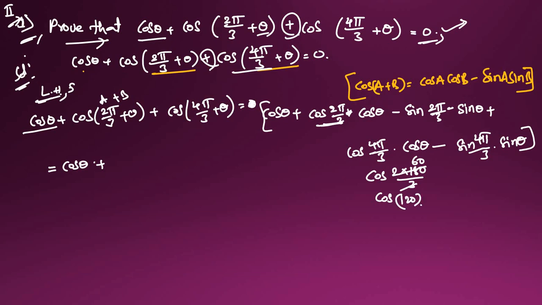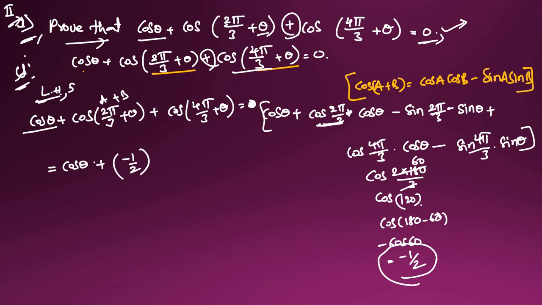Cos 120 we can write as cos of 180 minus 60. So it will become minus cos 60, which is equal to minus 1 by 2. So the value of cos of 2 pi by 3 is minus 1 by 2, into cos theta like that only.